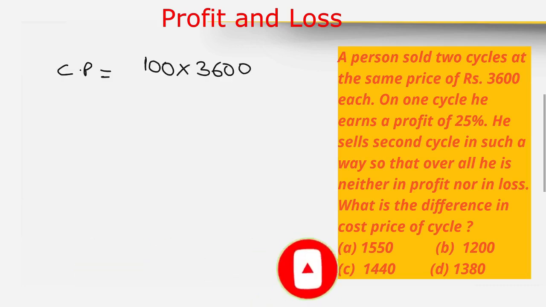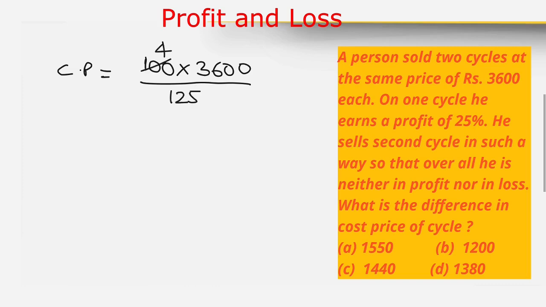We know that cost price equals 100 multiplied by SP, that is selling price, divided by 100 plus profit percent. Here the profit percent is 25% and 100 plus 25 is 125. 25 cancels 100 four times and 125 five times.